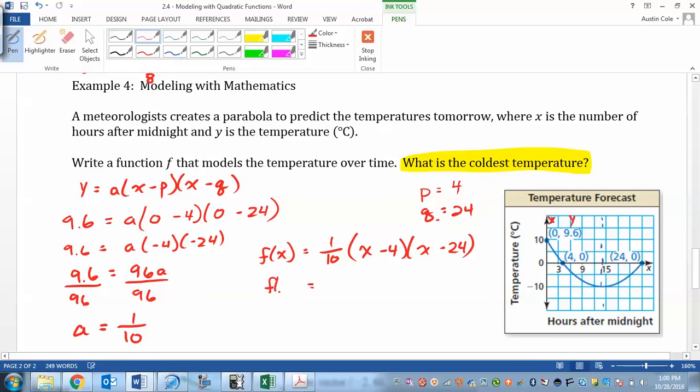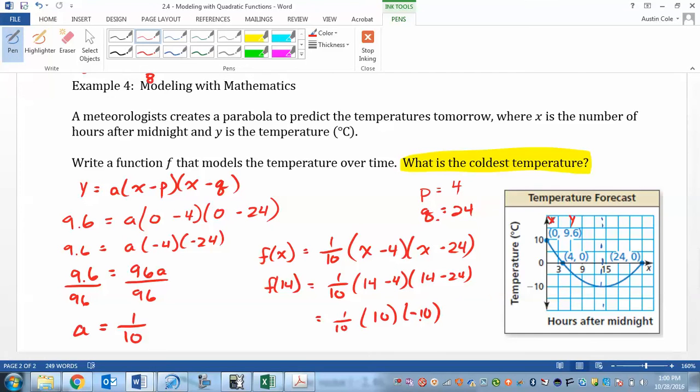We're going to do f of 14: 1/10 times 14 minus 4 times 14 minus 24. This is going to get me 10, and this is -10. What's 10 times -10? -100.